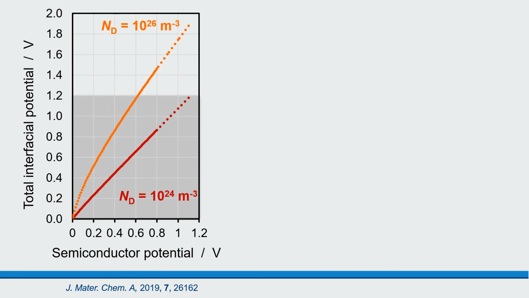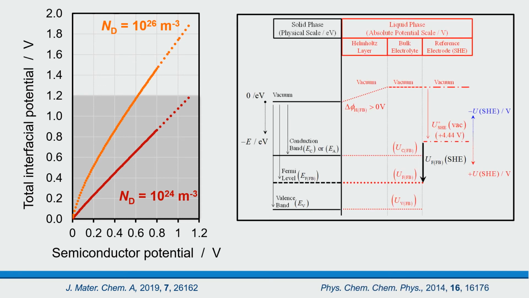So in addition to the changes in the contribution of the total applied potential that goes towards the Helmholtz drop, we must also not forget that even at the flat band condition, when no current flows, it doesn't necessarily mean that the potential drop across the Helmholtz layer is 0.